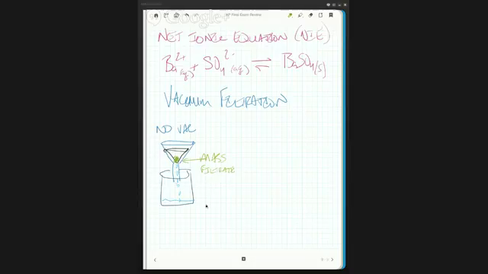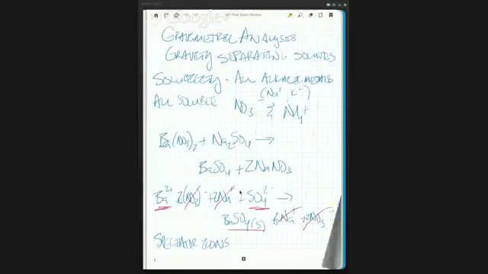You probably have the molarity of the barium nitrate, and you have the molarity of the sodium sulfate, and you know the volume you added of each. And when you combine them, since you had moles of one and moles of the other, then you know how much barium sulfate you can produce at the end. It's probably not exactly equal.